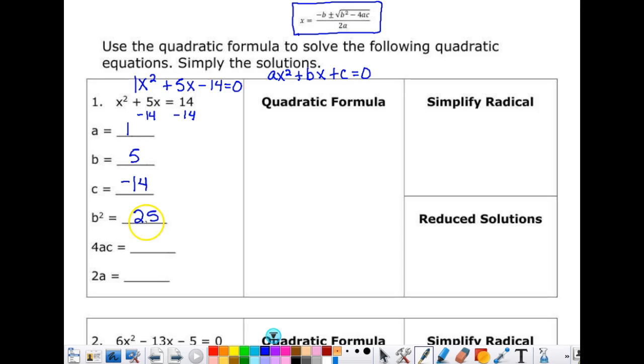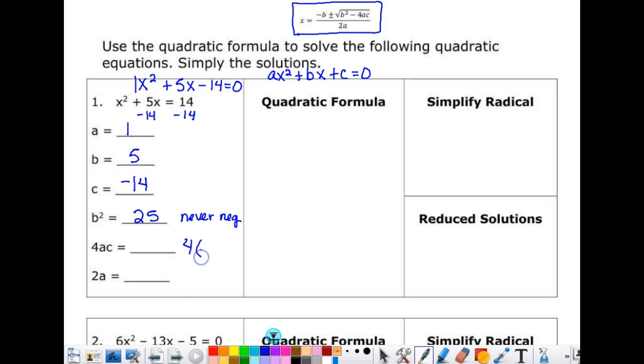b squared is 25. b squared will never be negative, because when you square even a negative number, it's positive. Then you try to figure out what 4 times a times c is, because these are all different terms or parts of the quadratic formula, so it's handy to have them figured out.